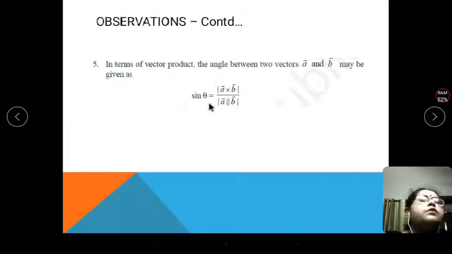Sine theta is equal to modulus of A cross B divided by mod A mod B, or rather theta will be given by sine inverse modulus of A cross B by mod A mod B. And see that this A cross B is a vector, so that is why we need this modulus in the numerator. If you remember at this moment, we also had a formula like this, which was theta equal to cos inverse A dot B by mod A mod B from the scalar product.